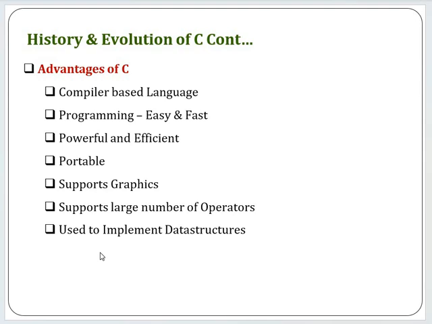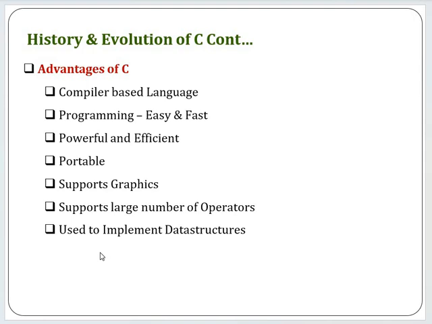So we'll see the advantages of the C language. So it is compiler based. C programs are compiled into machine code, resulting in faster execution compared to interpreted languages. And fast programming. C syntax is relatively straightforward, allowing for quick development. And next is powerful and efficient. C offers direct hardware manipulation and optimized code generation, leading to efficient programs. Then it is portable. C programs can be compiled and run on different platforms with minimal changes. And it has graphics support.